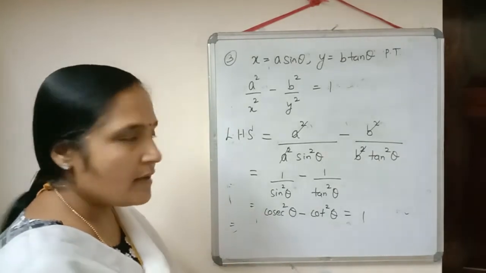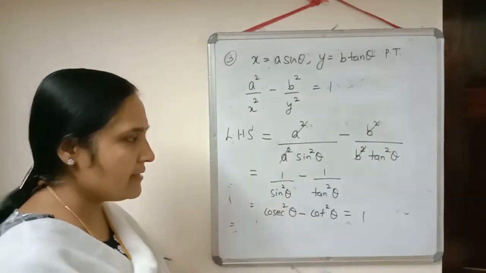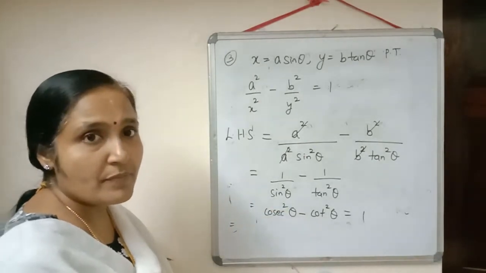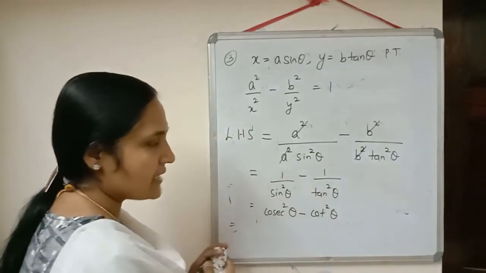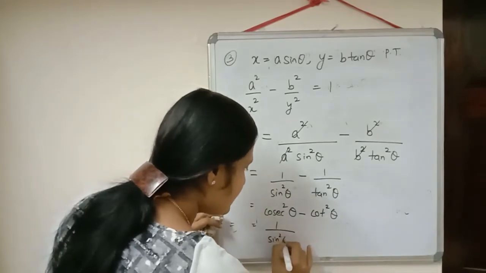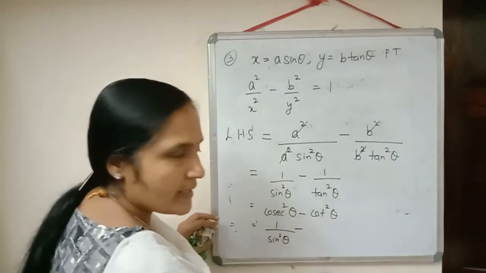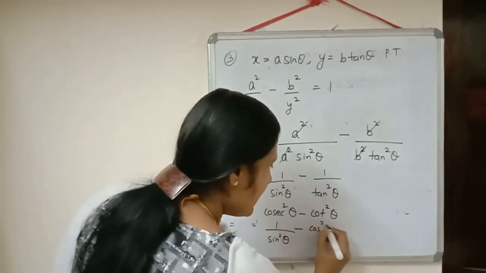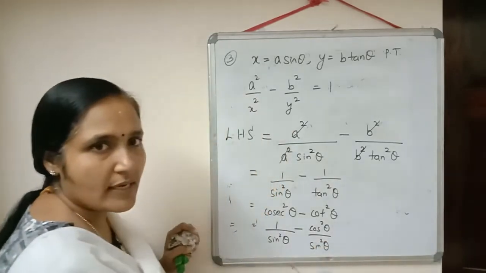Now suppose you don't remember this identity. Then what can we do? Okay, till here you got, after that you forgot that we can use this identity. Then what can we do? Cosec square theta can be written as 1 by sin square theta minus cot square theta. How can we rewrite cot? In terms of sin and cos, cos square theta by sin square theta.